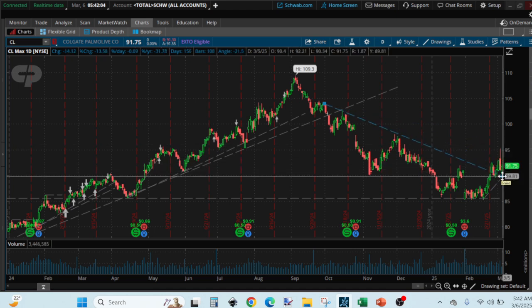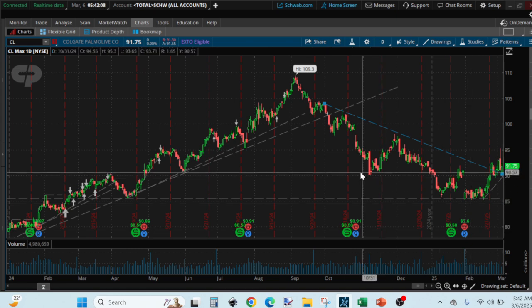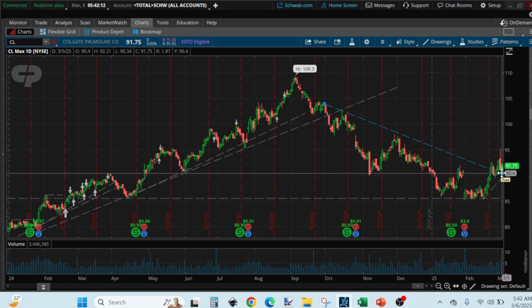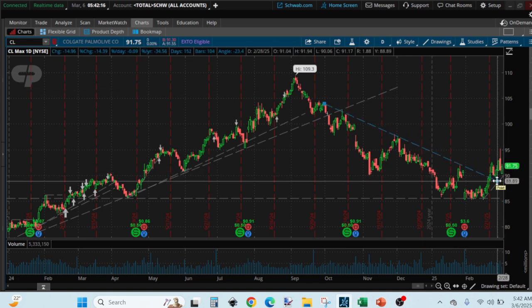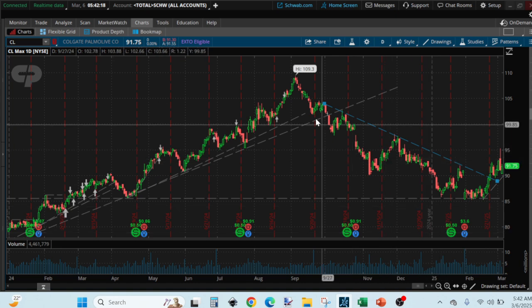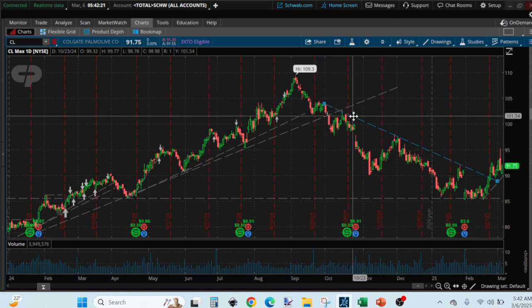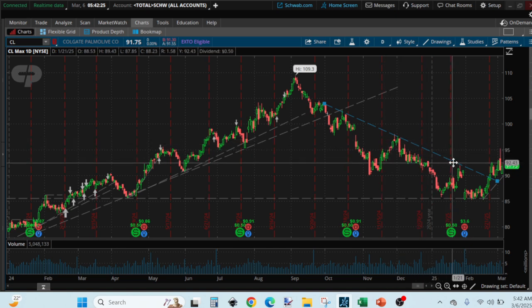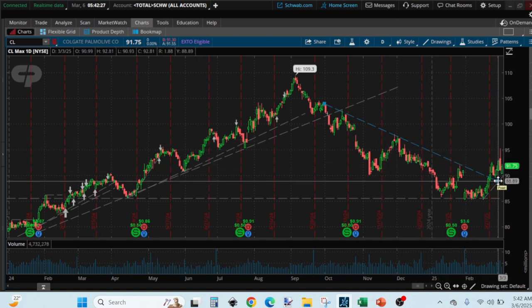Oh, come on. Okay, it didn't touch base with this one well. Okay, so by connecting those lower highs, in fact they do touch it all the way to here.